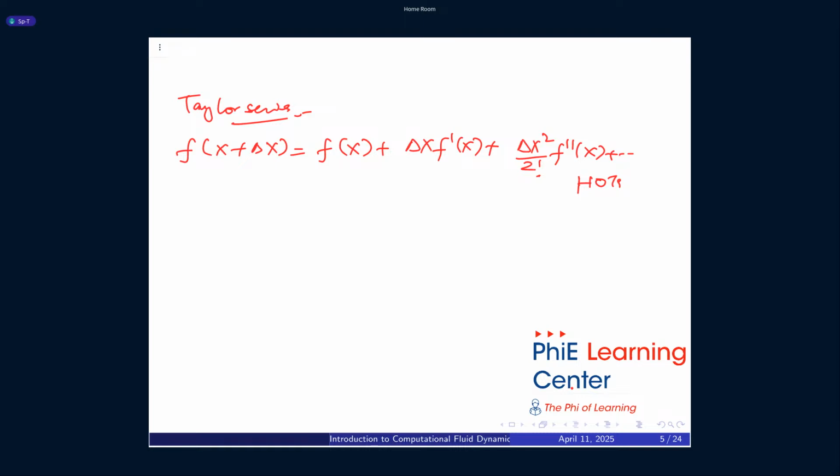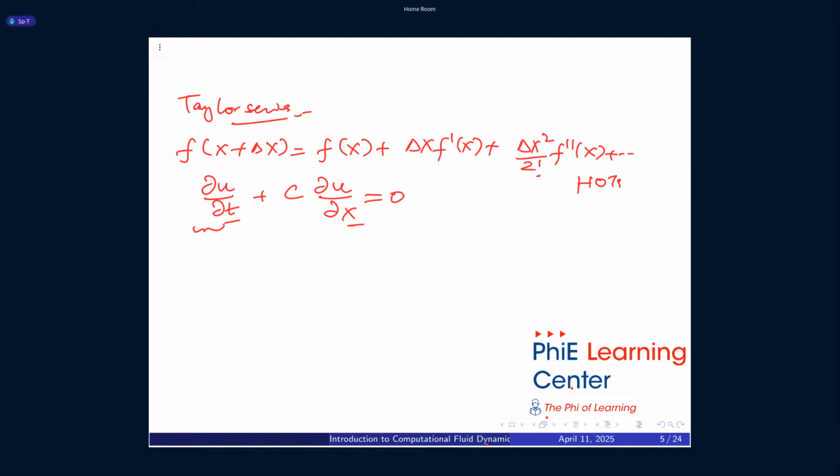Now if I were to apply this, let's look at that equation. I have dou u by dou t plus c dou u by dou x equal to 0. So here you have two variables, time and space. We can discretize this as, watch carefully.